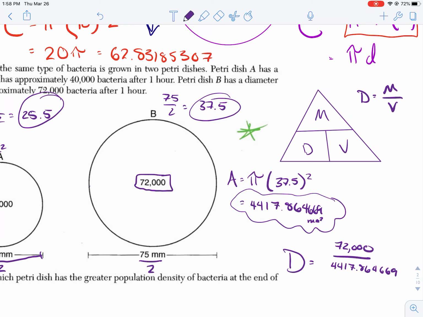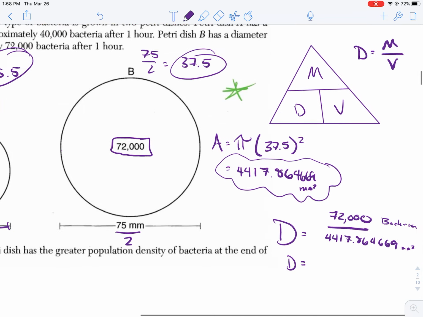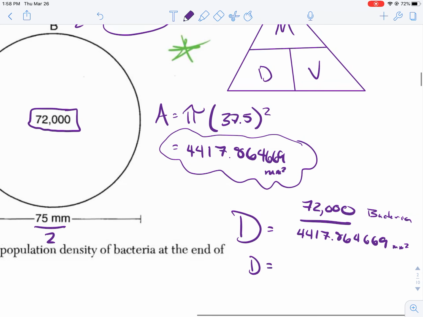And we get a density. This is why it's important to put your units on here. This is bacteria, and this is millimeters squared. So our density should be 16.29746617.